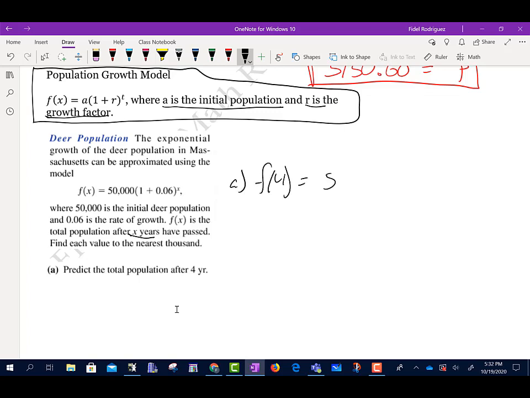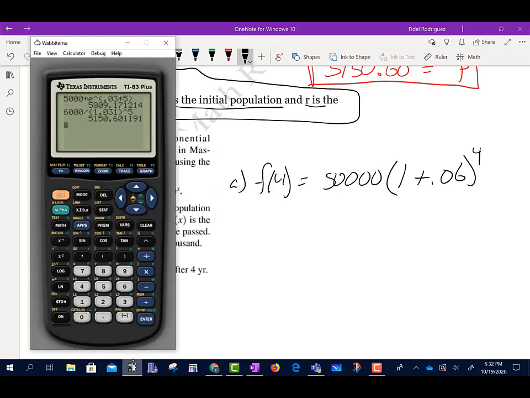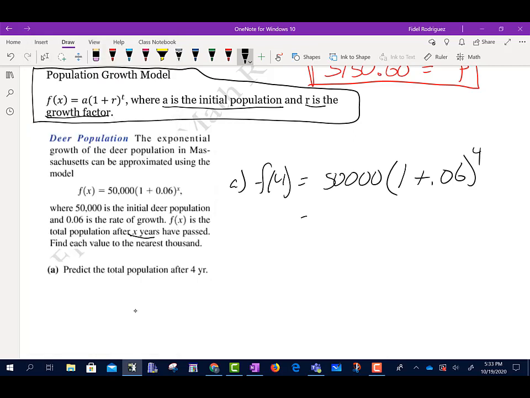Okay, that's going to be 50,000 times 1 plus 0.06 to the power 4. So again, I'm going to do this on my calculator, and I'm going to type in exactly what I see. 50,000 times parentheses 1 plus 0.06, close that off, raised to the power of 4, hit enter, and I'm coming up with 63,123.